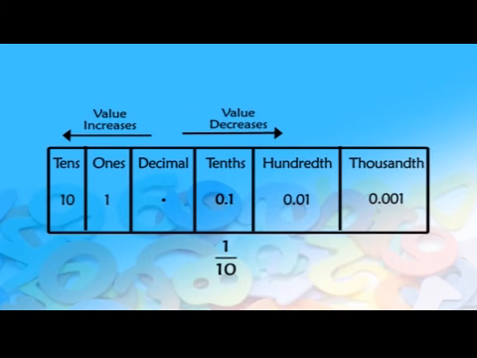0.1 is only one portion of 10. 0.01 is only one portion of 100, and 0.001 will be only one portion of 1000. As the number of zeros in the denominator increases, the value of the number decreases.